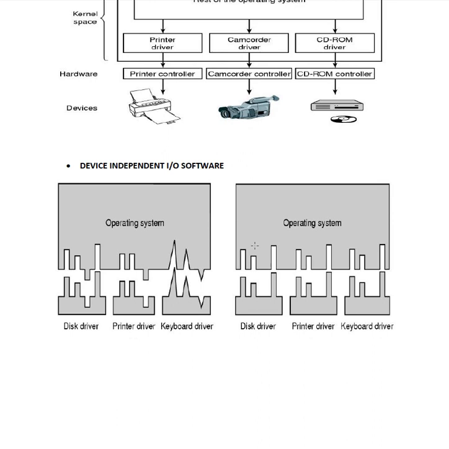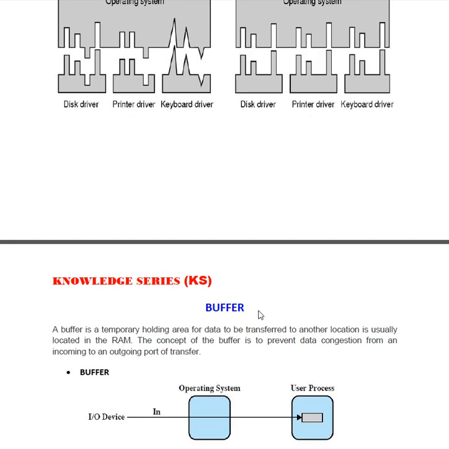But if the operating system is working with device drivers, and if it is in proper order, your appearance is exactly as shown. That means it is well organized with respect to the operating system before any device connects. Otherwise, it is going in a randomized manner. That is what we are putting here as device independent input-output software.